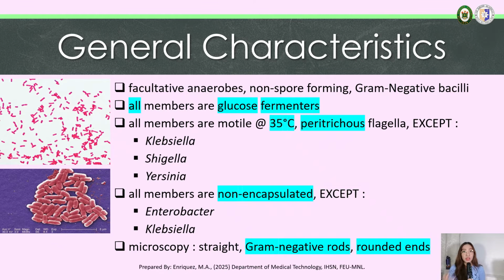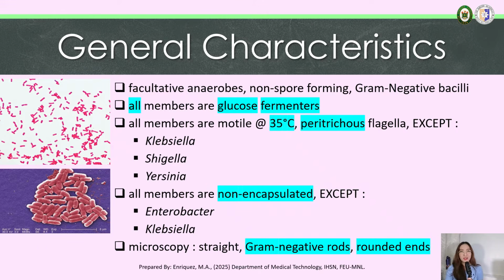So later, as we go along through our discussion, i-explain ko po what we mean when we say true pathogens or primary intestinal pathogens versus opportunistic Enterobacterales.